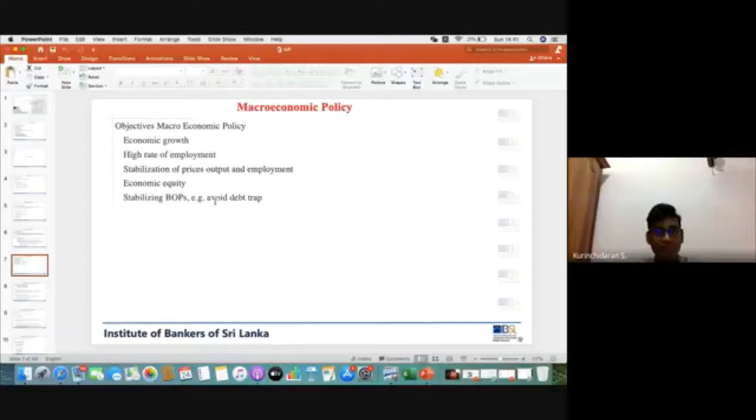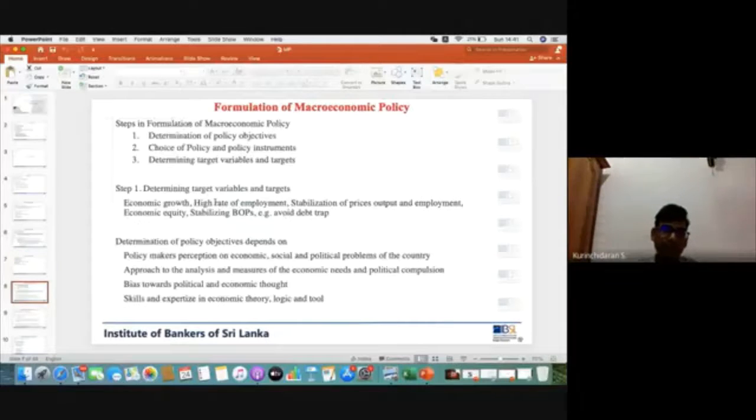Example, avoiding debt trap. So these microeconomic policies may have different objectives, right? Based on the objective, you can have different framework in an economy, right? Okay.